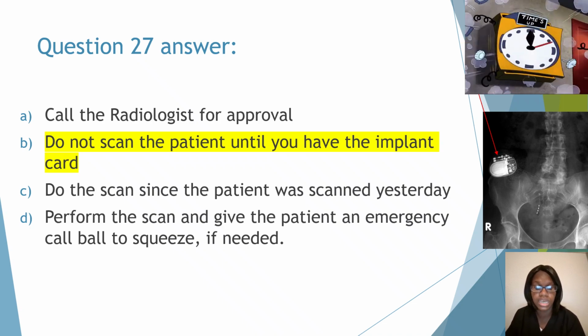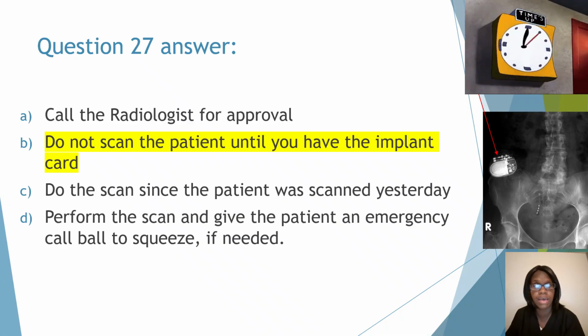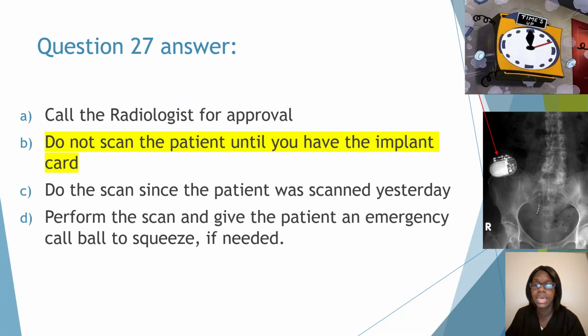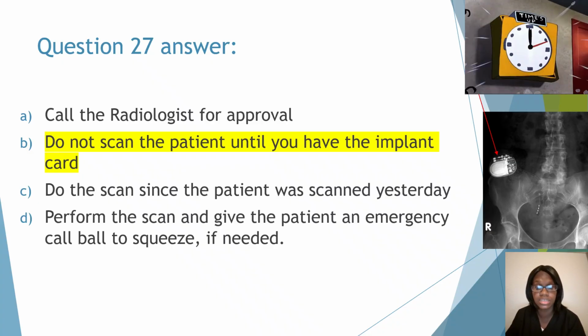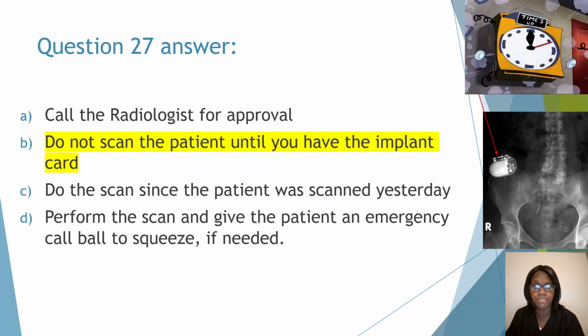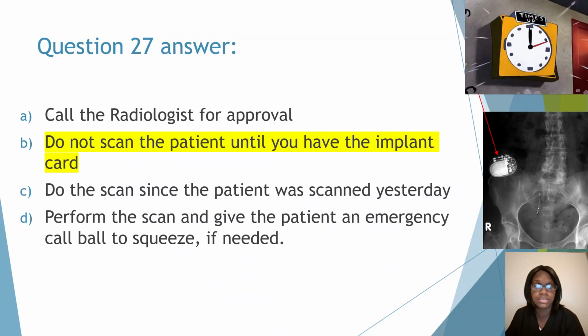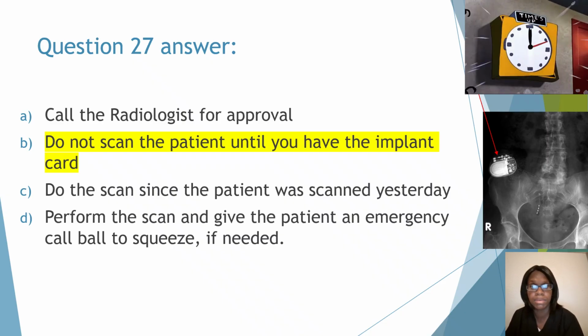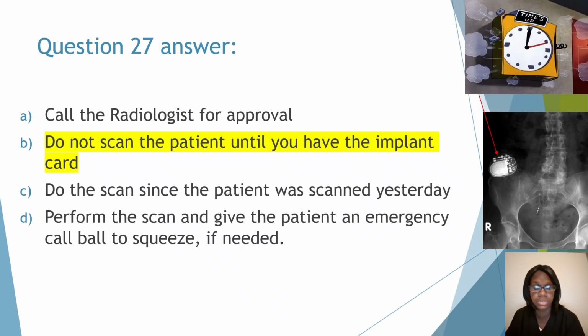I always double check everything. There was a time where someone put a patient on the schedule for a pacemaker and didn't even see that the patient also had a stimulator. So you always have to double check for yourself, and the patient may not even be able to get the MRI scan done because maybe it's a different coil, maybe it's a different procedure.